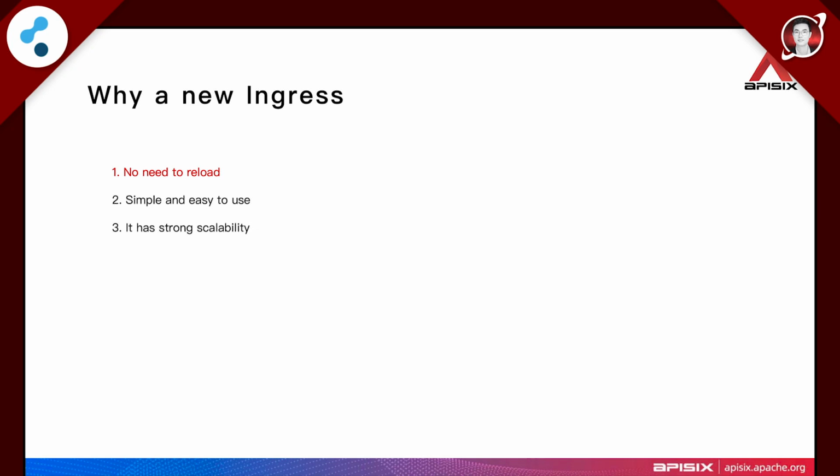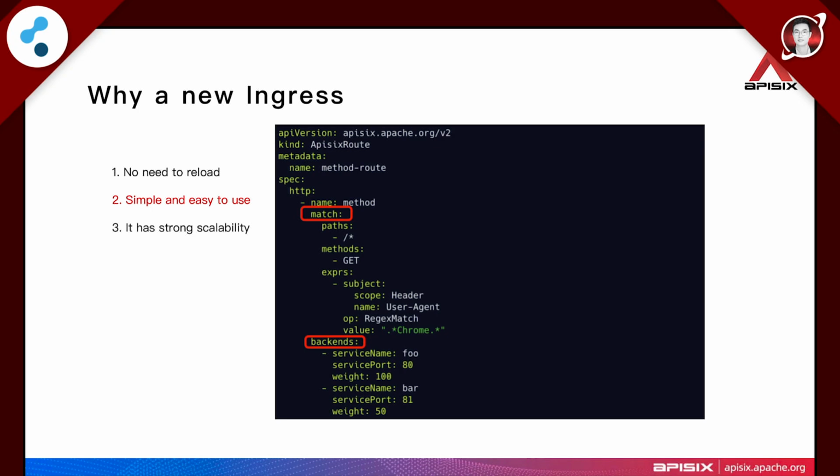First, all configurations of APISIX take effect dynamically, and there is no need to reload when the configuration is changed. Compared with some other Ingress implementations, using APISIX Ingress has natural advantages. Second, Apache APISIX Ingress is easier to use. The declarative configuration is more readable, and complex scenarios can be defined in a single resource.